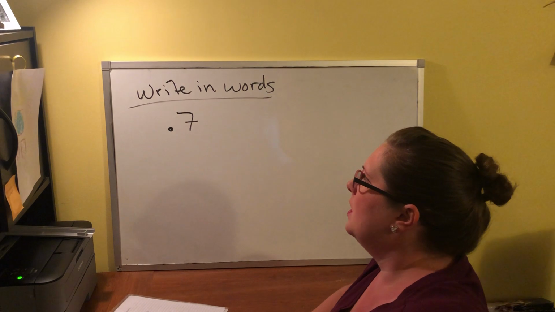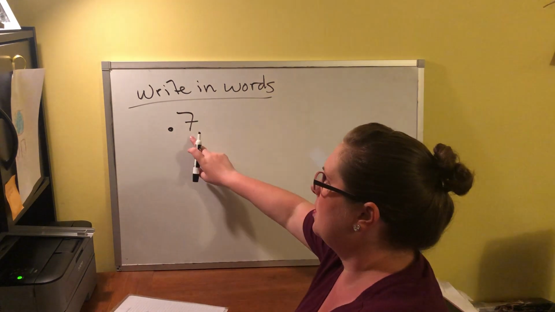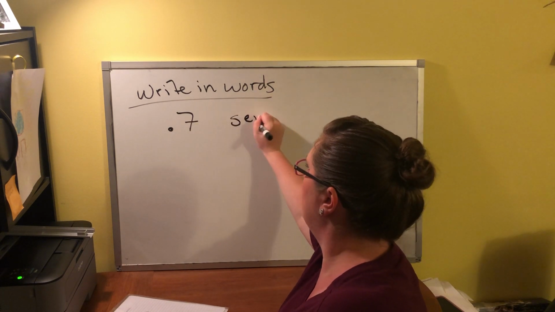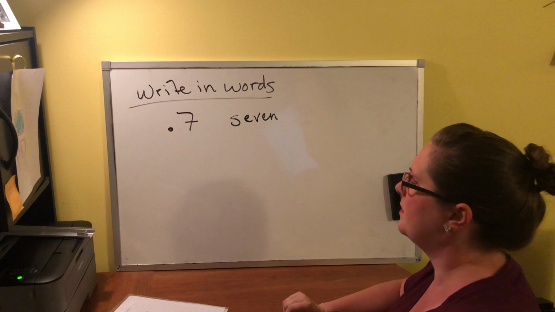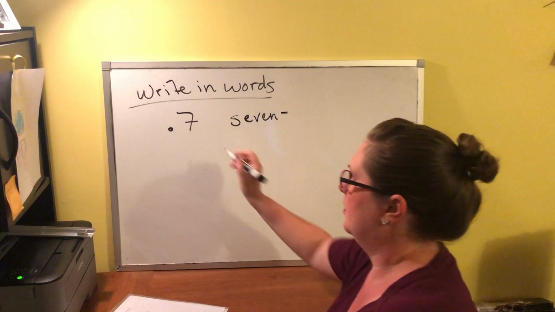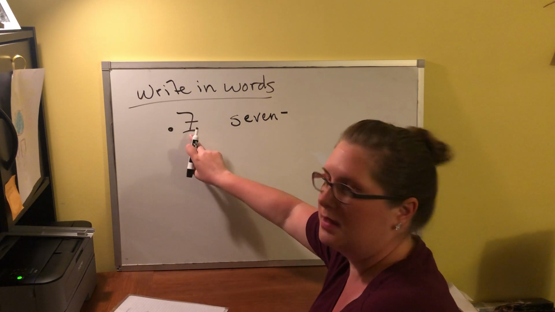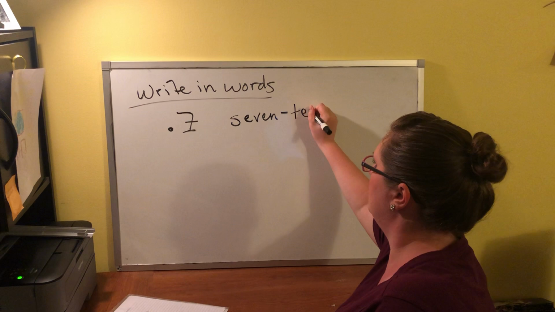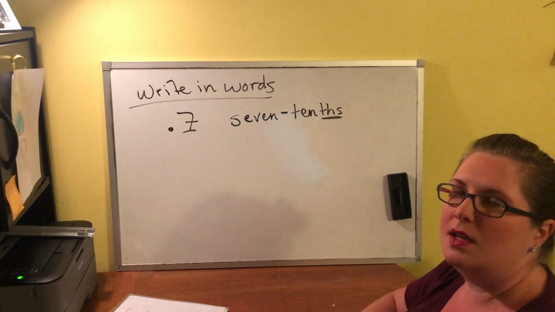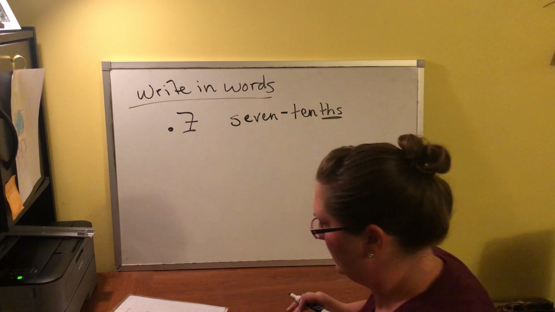So the only difference is you're going to have to write the decimal place with it, but you're going to start out with the number just as if it was a whole number. Well, this is a 7, so we're going to go ahead and write out 7. Now we need to see what the last decimal place in the number is. Well, for this one, there's only one decimal place, and this is in the tenths place, so this becomes 7 tenths, and it has to end in that THS. That lets us know it's a decimal, okay? The THS, so 7 tenths.